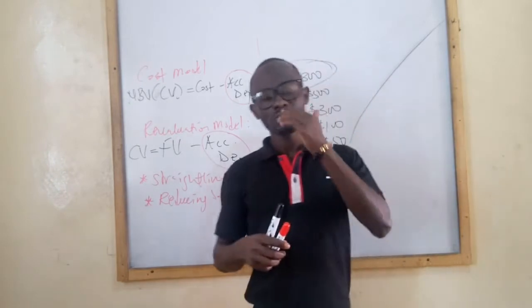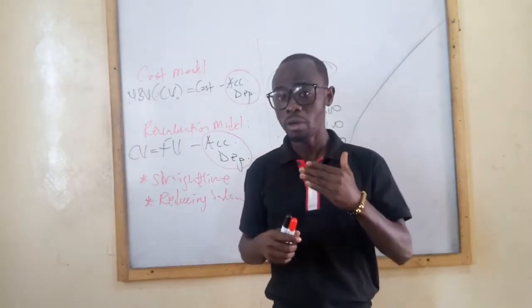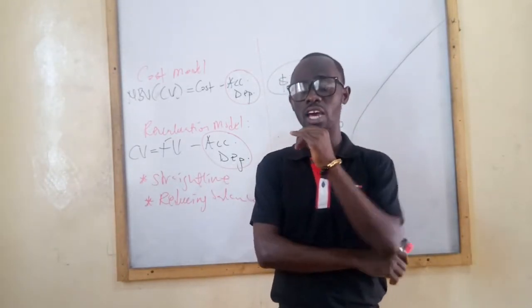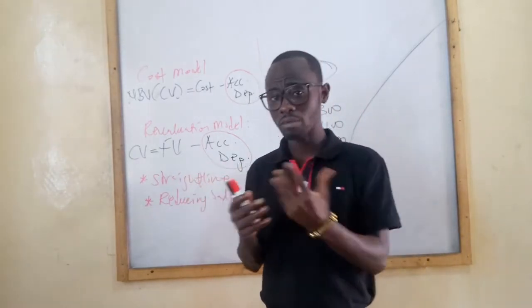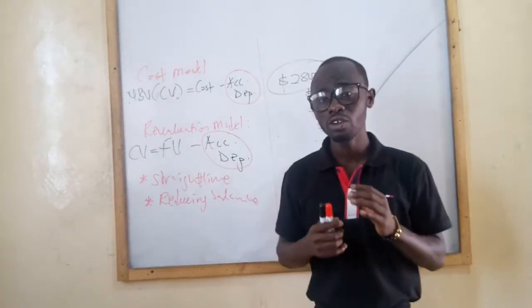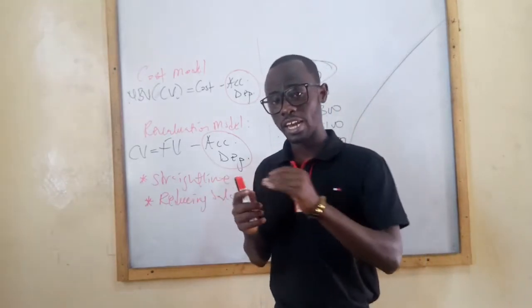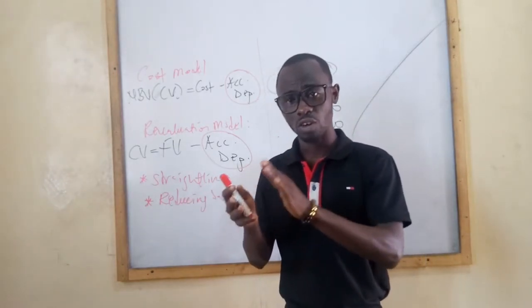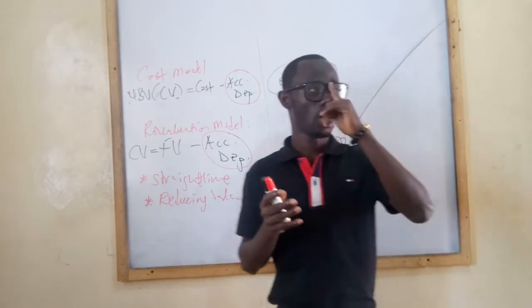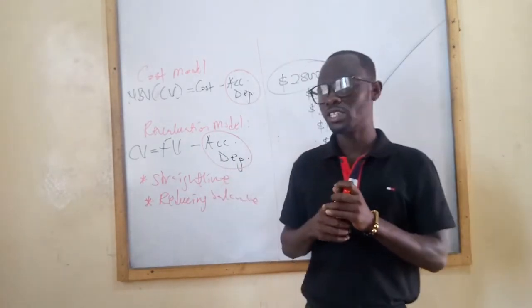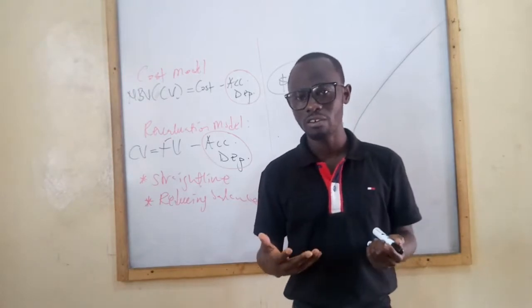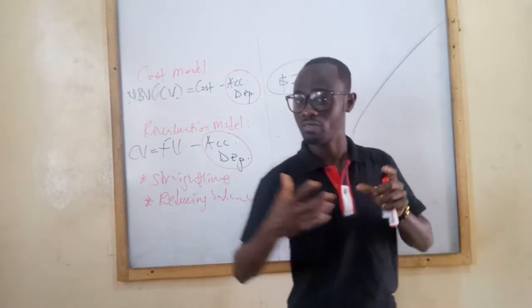You see, the useful life is when we buy the asset, we say that, okay, we are going to use this asset for 20 years. That becomes the useful life. Now, if we use the asset for 5 years, and then after 5 years of usage we say that we want to revalue this asset, and we ask what is the remaining life of the asset, and it is 15 years.